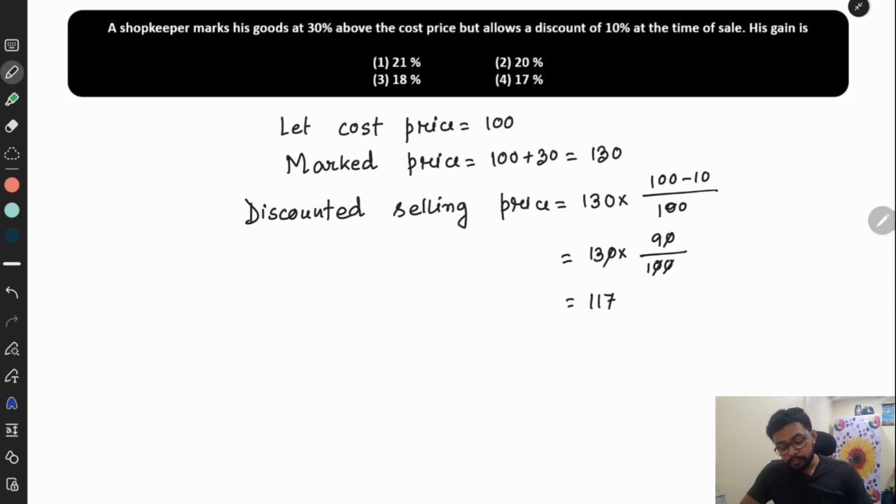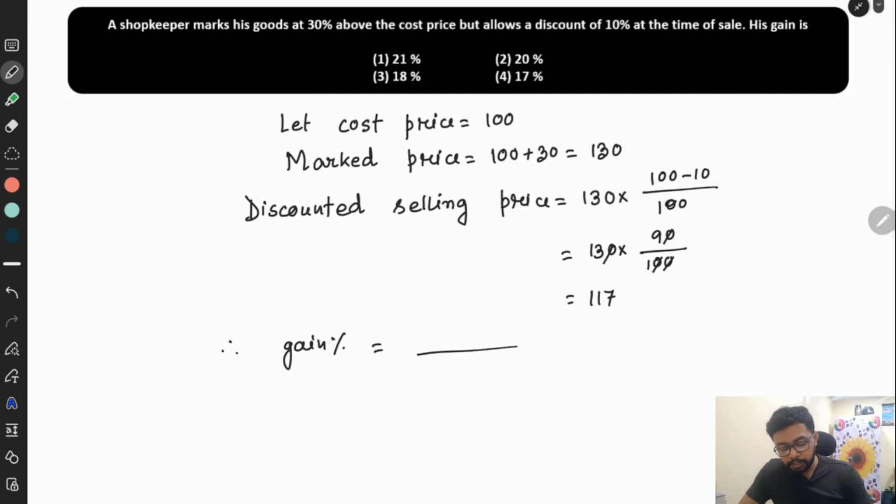Okay, so gain percentage. Gain percentage means selling price minus cost price by cost price multiplied by 100 when you are finding out the percentage.